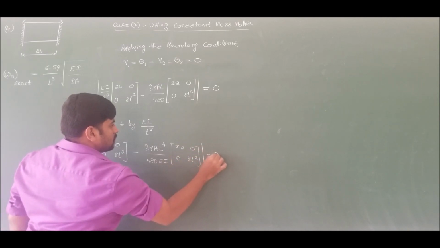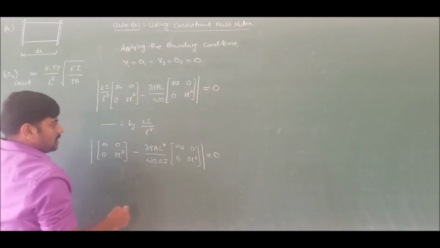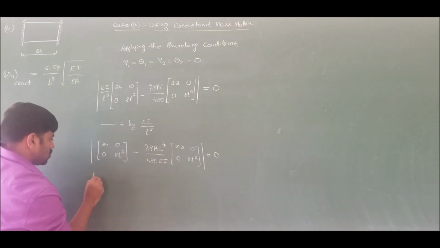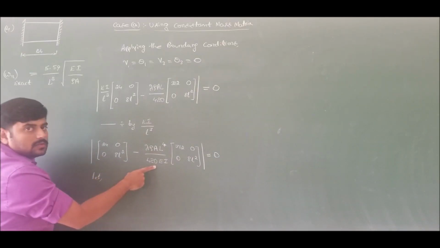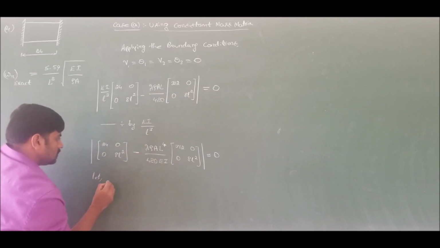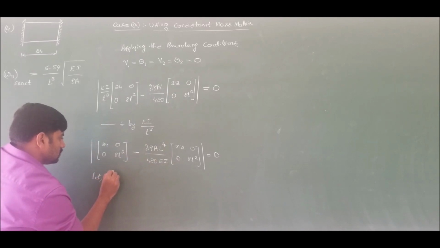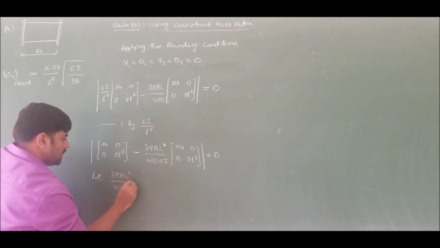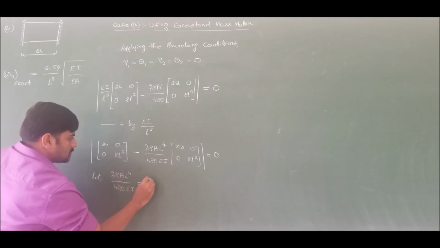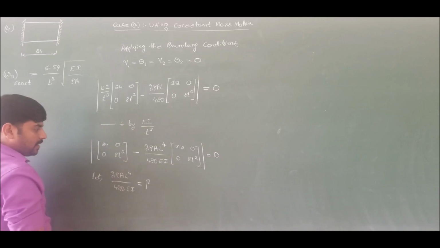This determinant must be equal to 0. Now let lambda rho A L to the power of 4 divided by 420 EI be considered as beta.